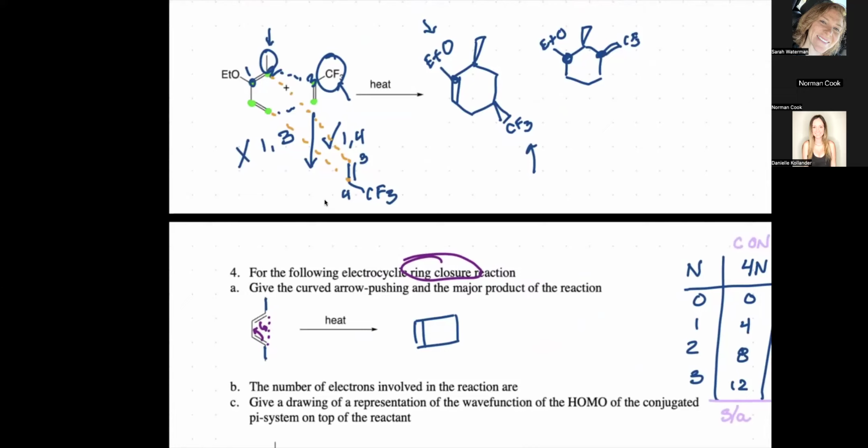If you put your hand out in front of you and close your fists, with the back of your hand pointing down and your fingers on top of your fist, and your thumbs pointing outward, away from each other, and you have a conrotatory ring closure, that means they're going to move in the same direction. They can either both move clockwise or both move counterclockwise, up to you.